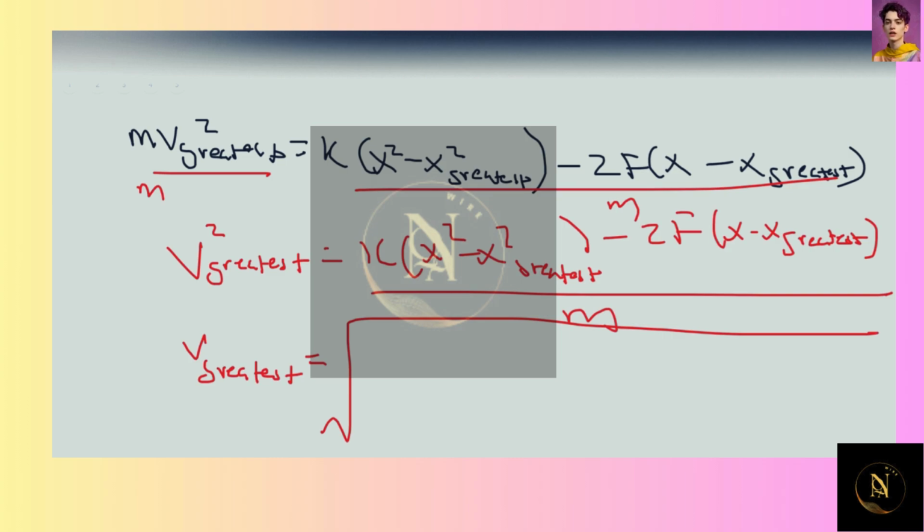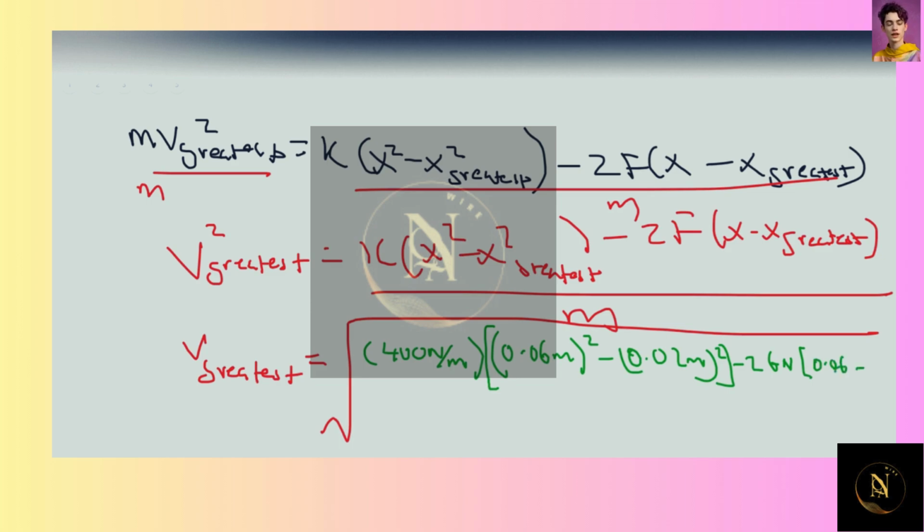We plug in 400 newtons per meter times x, which is 0.06 meters squared, minus x greatest, which is 0.02 meters squared, and then minus 2 times the force, which is 6 newtons, times 0.06 minus 0.02, the change in displacement, all over the mass, which is 0.030 kilograms.